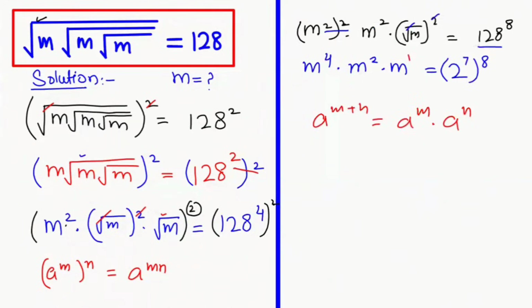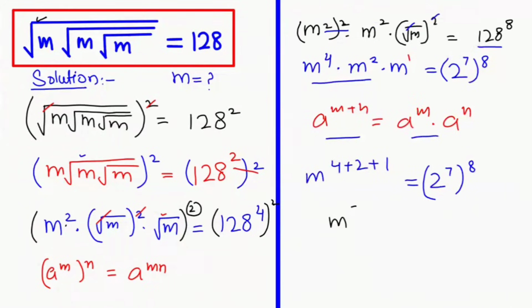So this equation is in this form, and I am going to change it to this form. So m to the power of 4 plus 2, and this we have 1 power, is equal to 2 to the power of 7, whole to the power of 8. Now this will be equal to m to the power of 7 is equal to 2 to the power of 7, whole to the power of 8.